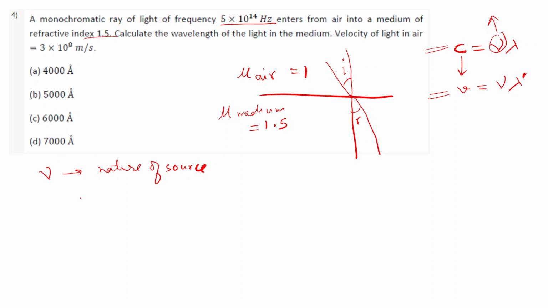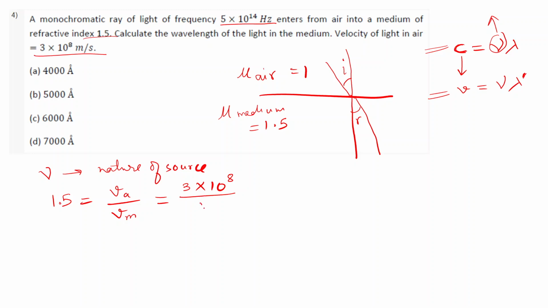For this, again we'll use this formula, that refractive index is defined as the velocity of light in air to the velocity of light in the medium. Velocity of light in air is 3 times 10 to the power 8 meters per second.